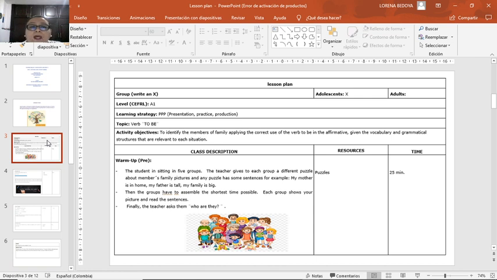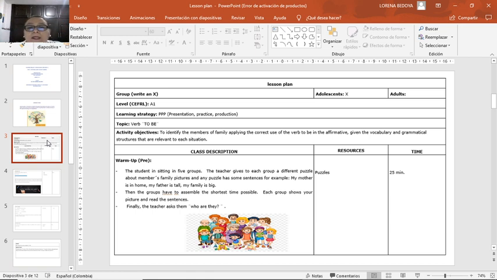The objective for these activities is that the student identify members of the family, applying the correct uses of the verb to be in the affirmative sentences, given the vocabulary and grammatical structures that are relevant for each student.